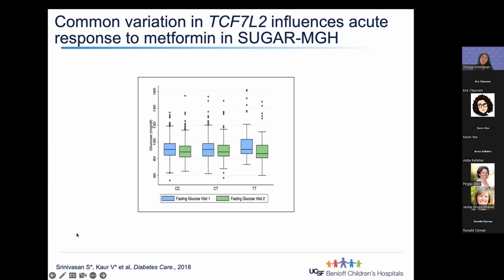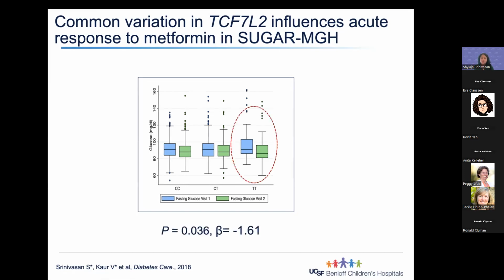We examined the effect of genetic variation in TCF7L2, which is one of the strongest common variant risk factors for type 2 diabetes. We found that those who were homozygous for the high risk allele at rs7903146 in TCF7L2 had a better response to metformin compared to those who were either heterozygous or wild type for this variant.